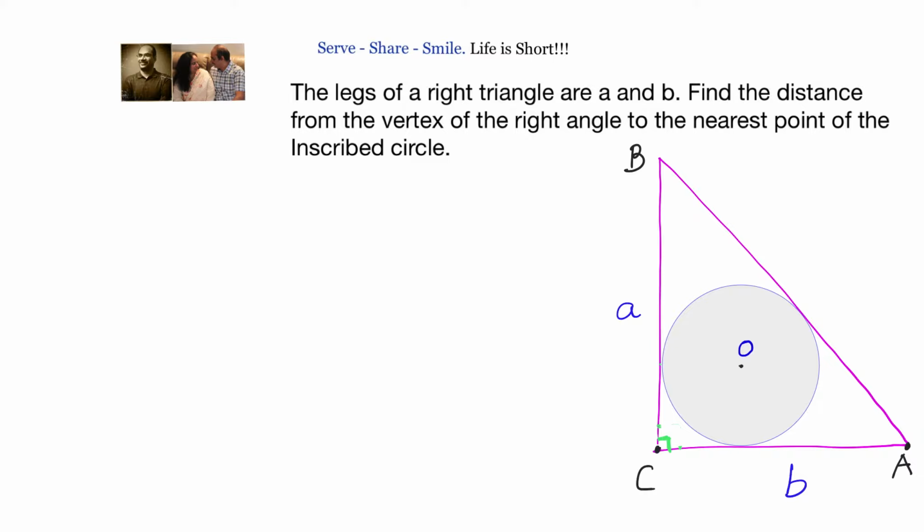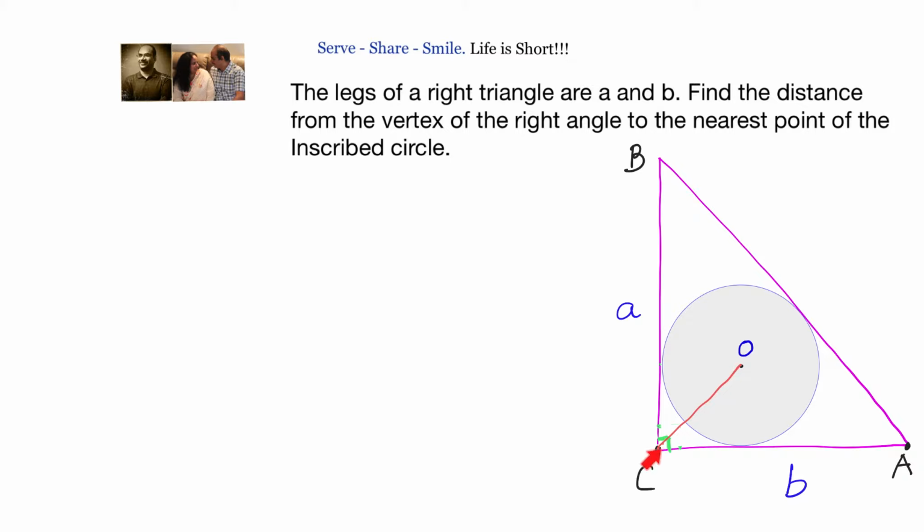To understand this problem, we'll join O to C first. From C, we have to find the nearest point of the inscribed circle.